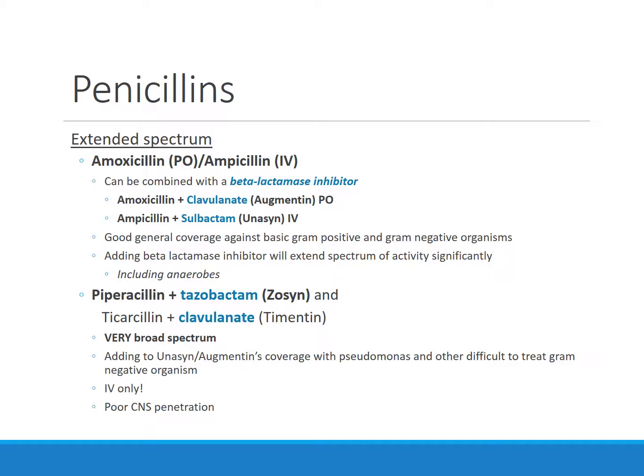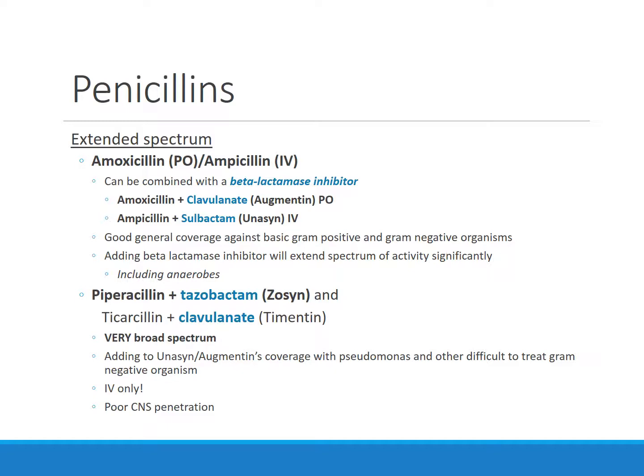The other drug we have in this class is piperacillin plus tazobactam, which is Zosyn. And Zosyn is a really broad spectrum agent. So in addition to everything that Augmentin and ampicillin and Unasyn can do, you have the added effect of pseudomonal coverage and other gram-negative coverage. So this is still going to cover your basic gram-positive.